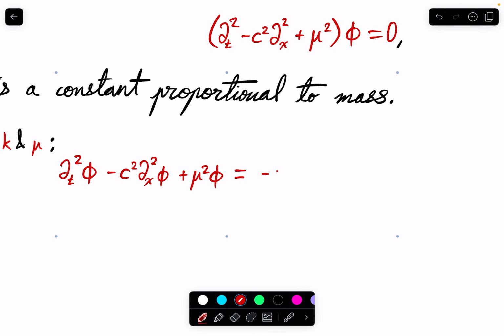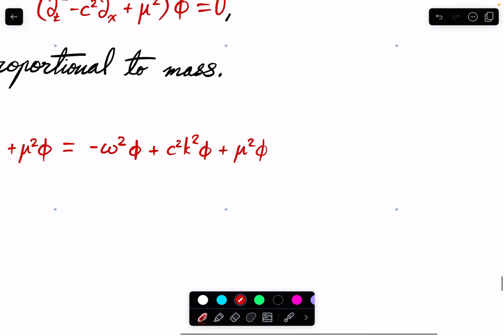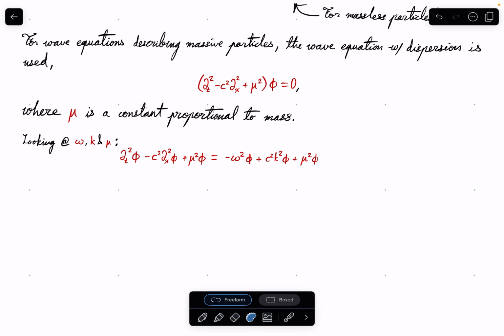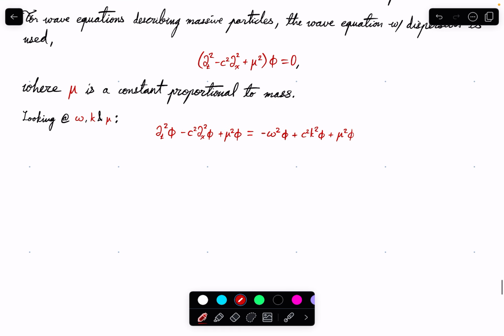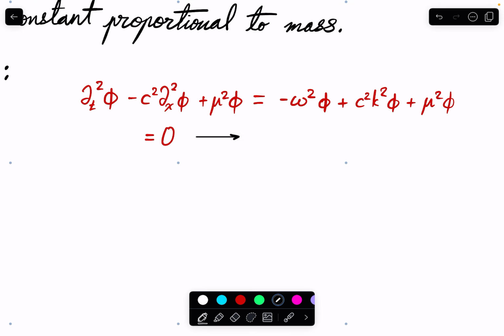So it ends up being negative omega squared phi plus c squared k squared phi plus mu squared phi, which is equal to 0 if and only if omega squared is equal to c squared k squared plus mu squared.